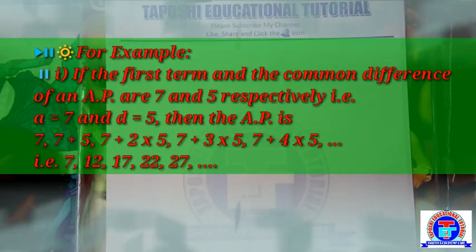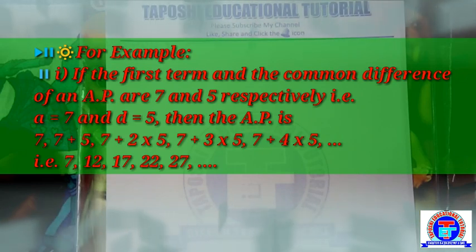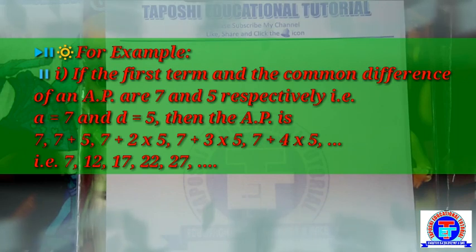That means the series will be in AP 7, 12, 17, 22, 27.